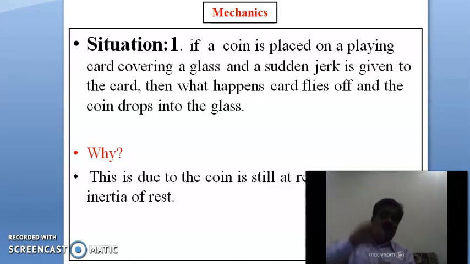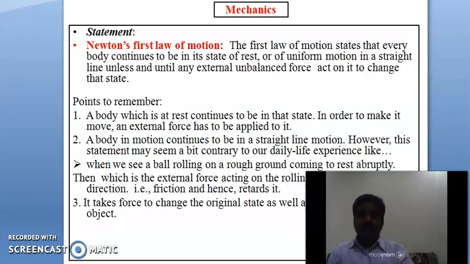The card flies away and the coin drops in the glass. Why is the answer given? This is because the coin is still at rest, due to its inertia of rest. Its tendency is not to change its state of rest. That's why it is falling into the glass. It is not going to fly away along with the card.